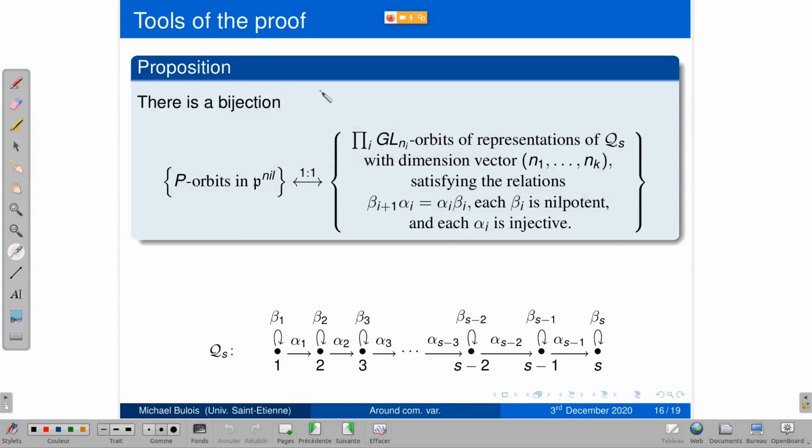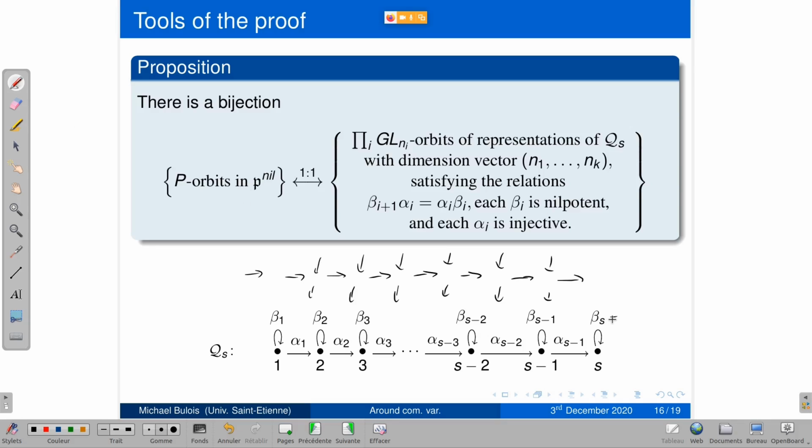The idea is that you can reduce the study of nilpotent orbits via the representation of some quivers. For such a quiver you have some covering theory, and you can relate it to a quiver where the loops are not loops, but vertical arrows. Each loop is a composition of several vertical arrows, and this is allowed, especially since you look at elements which are nilpotent.